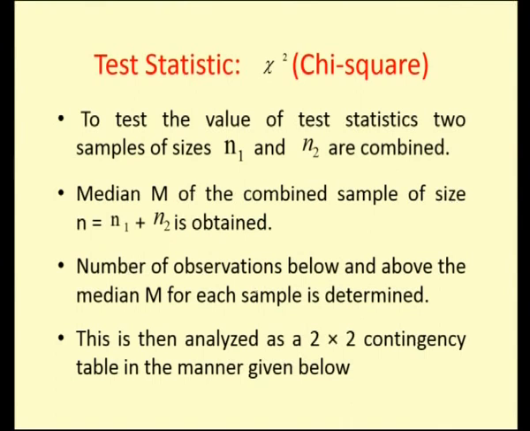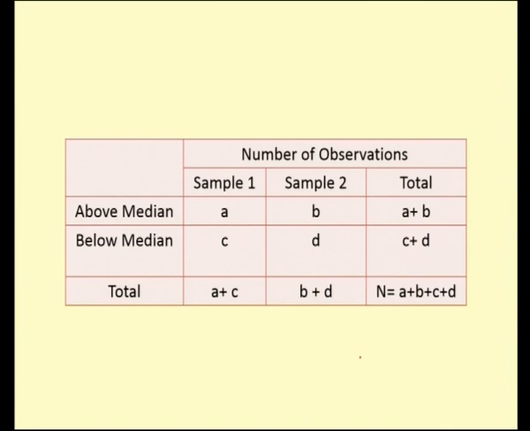And you have to note the number of observations which are below and above the median for each sample. This is nothing but a 2 by 2 contingency table, which is given below. Here the table can be thought of like this: number of observations, you have sample 1 and sample 2.